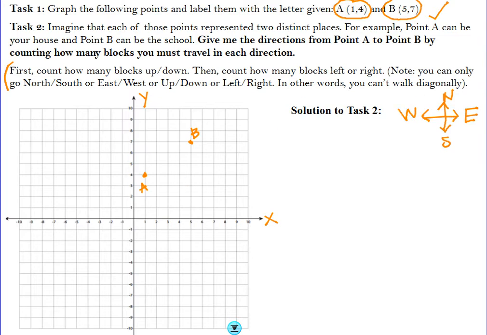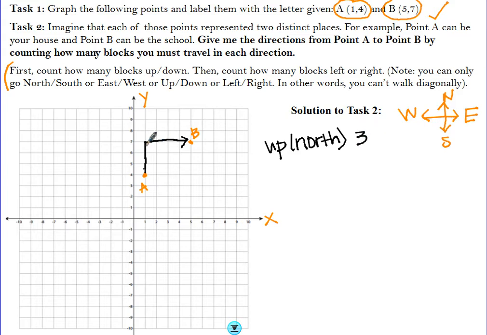And first, if you're going from A to B, it says you need to count how many blocks up or down. From A to B, if I draw an arrow, I'm going to go this way, and then I'm going to go this way. So basically, I have to go up or north, and you need to count how many blocks. 1, 2, 3 blocks.